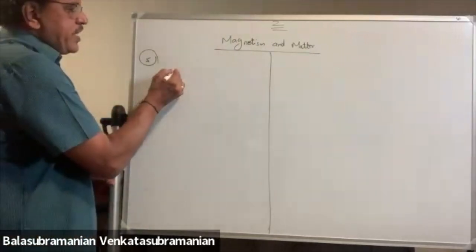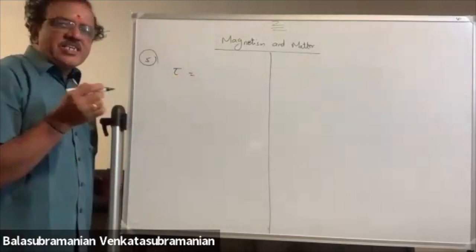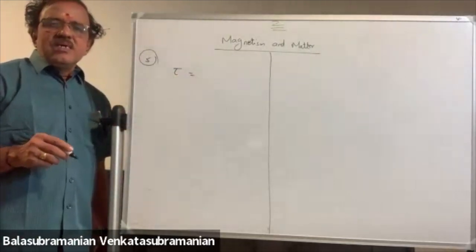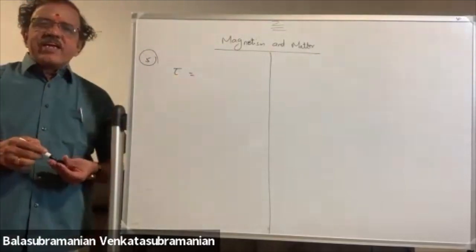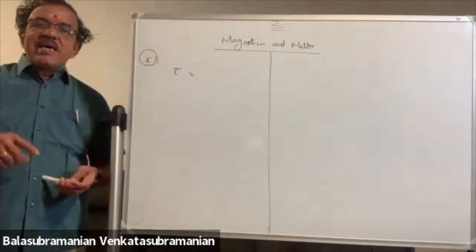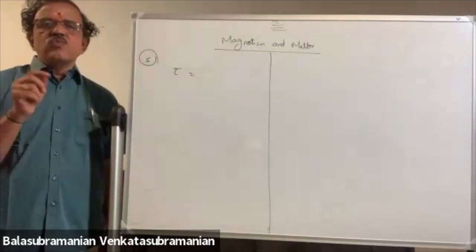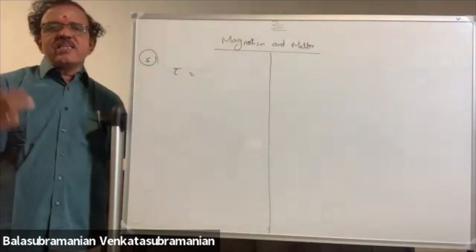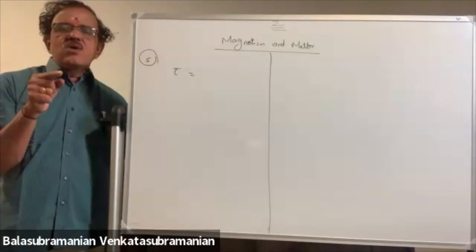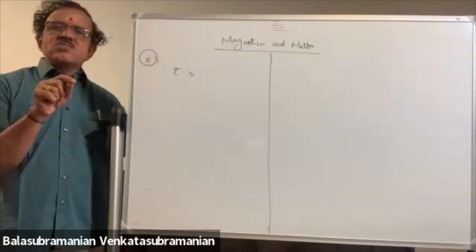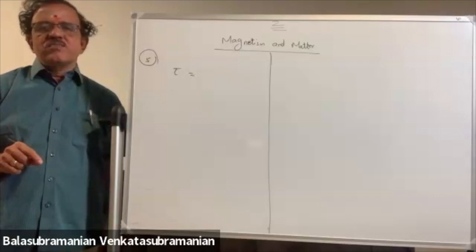Torque experienced by the magnet when it is placed in a magnetic field. In electrostatics, we have studied the torque experienced by a dipole placed in an electric field. Tau is equal to PE sin theta. P is called the electric dipole moment, E is the strength of the electric field.